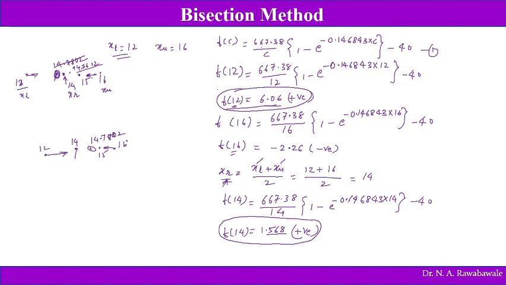So earlier we were saying that root is 16 or 12. Then we obtained a new root as 14. And afterwards we have obtained a new root as 15. So the root is between 14 and 15. Gradually we are going to trap this answer from both these sides. Now f of 14, f of 15 we have to find out.